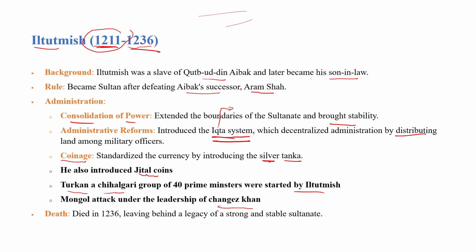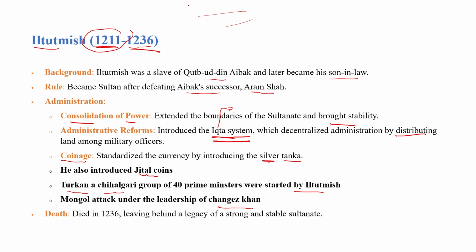Clear? Also, he destroyed the powers of the rich people of Delhi. Later, Alauddin Khilji did the same, but the first person who demolished the power of the rich people of Delhi was Iltutmish. Clear?